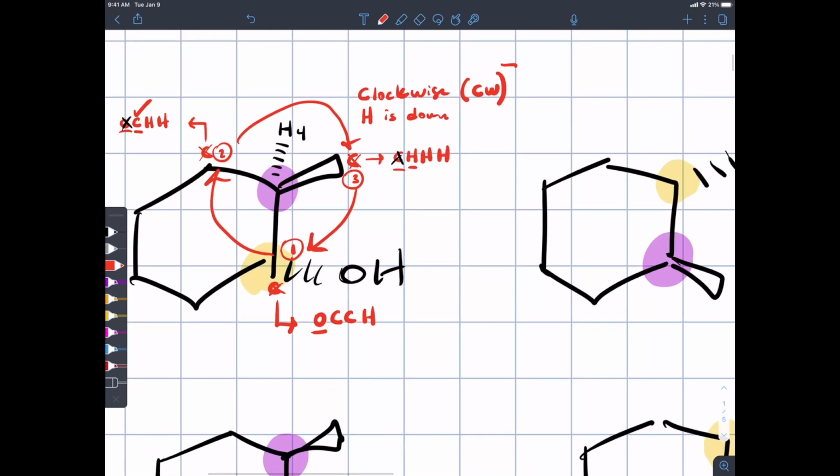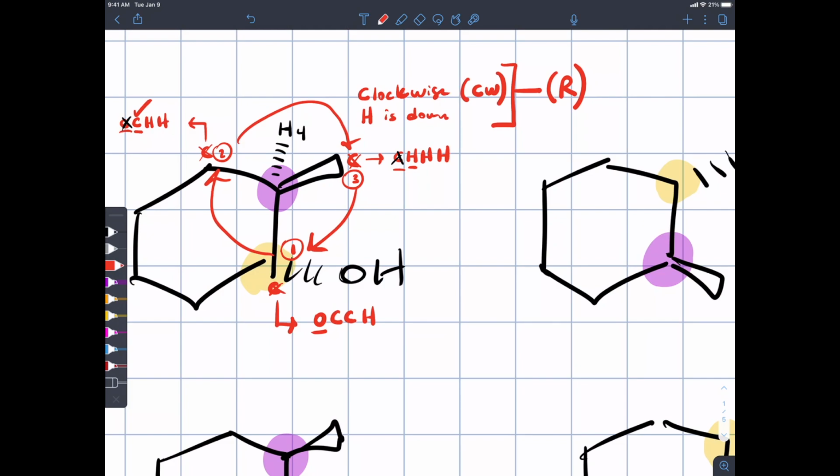If the lowest priority group is down away from us and we see clockwise rotation, then we conclude that the stereocenter is R. That's from the Latin for right-handed, rectus. And so R we will use for clockwise rotation when proton is down.